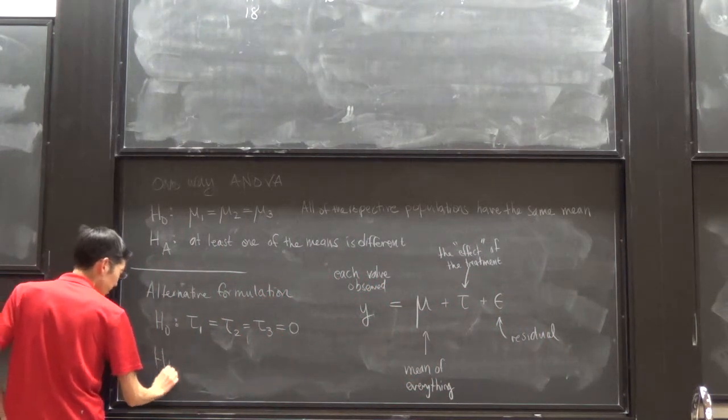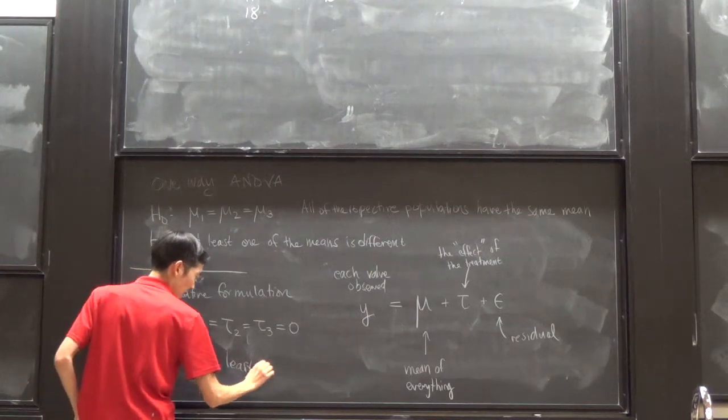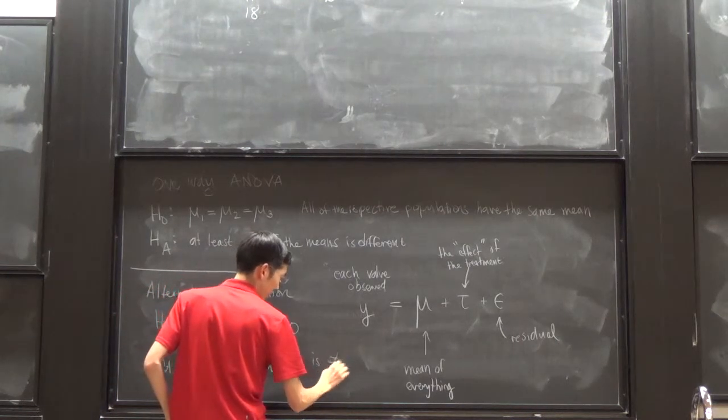And the alternative is that at least one tau is not 0.